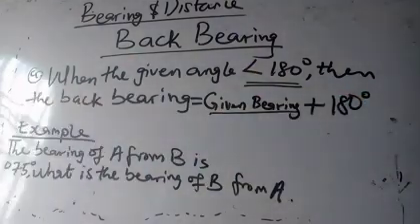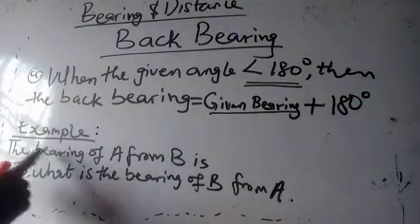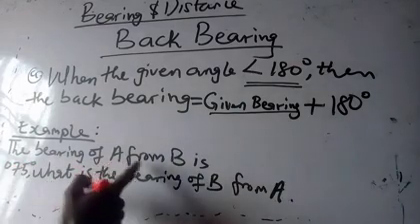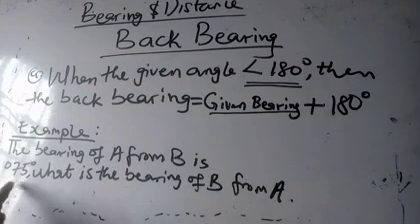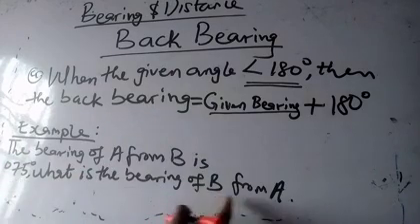Let's take this example to explain it. The bearing of A from B is 75 degrees. What is the bearing of B from A?